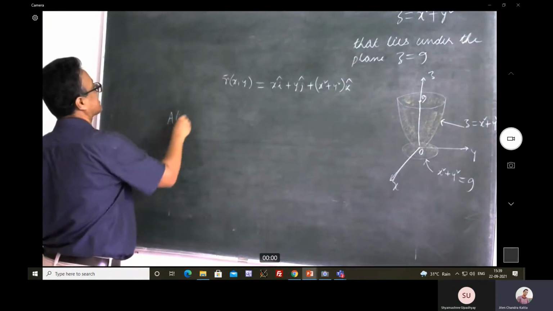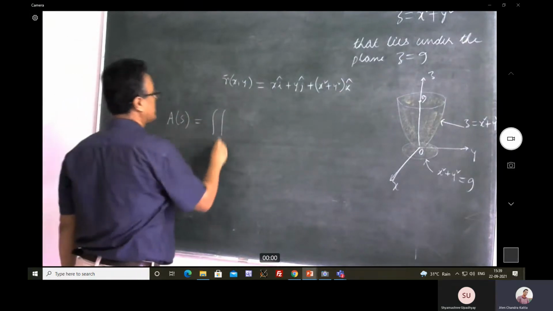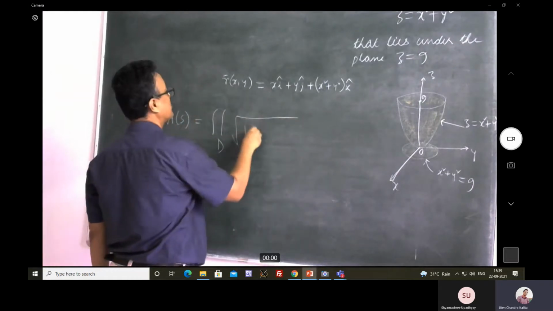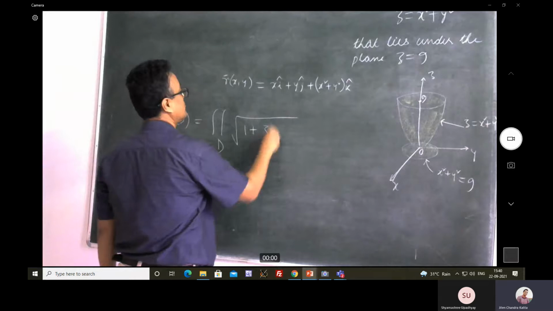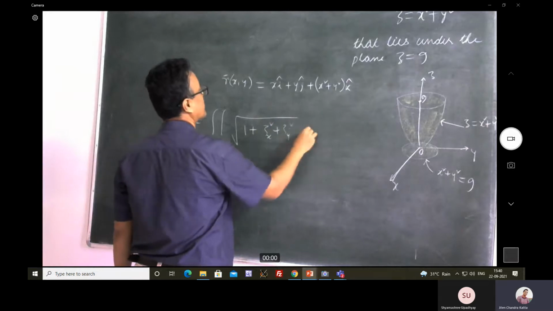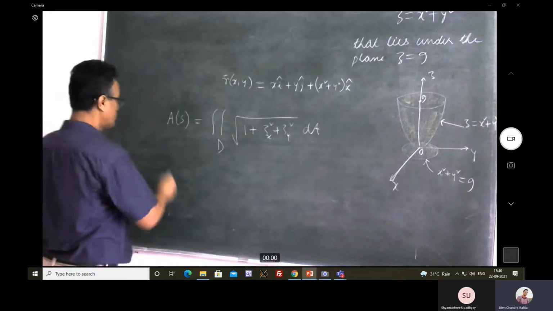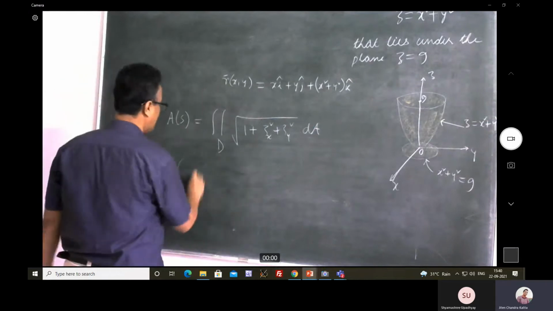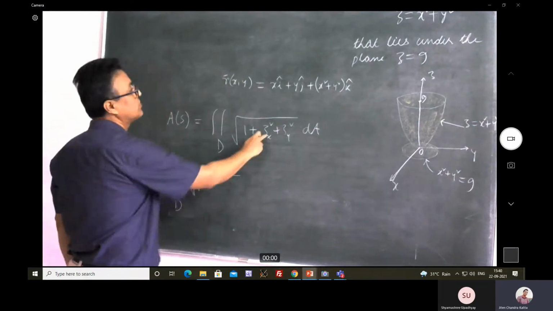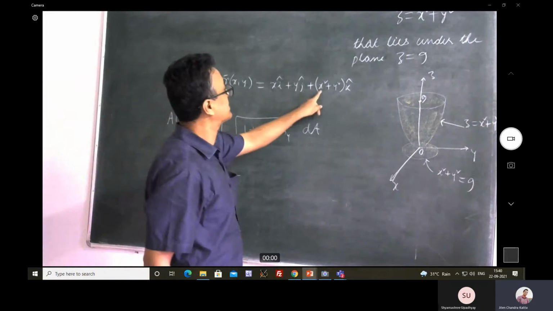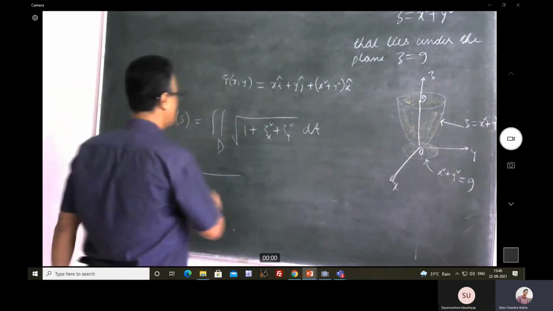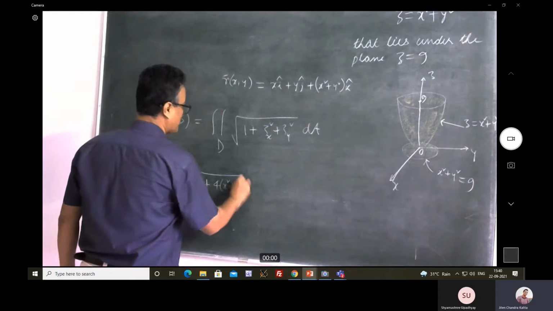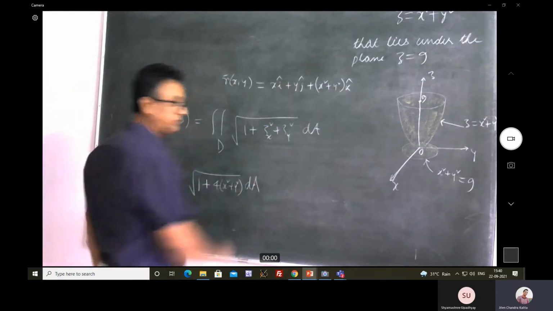The area of that surface is simply going to be the double integral over D of the square root of 1 plus zx squared plus zy squared dA. Now zx is 2x, zy is 2y, so eventually it is going to be 1 plus 4 times x squared plus y squared dA.